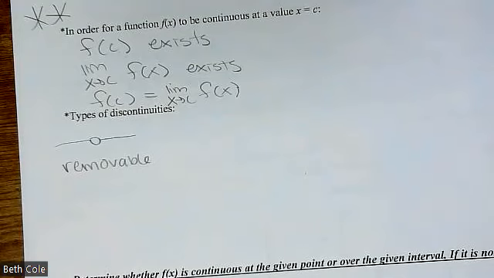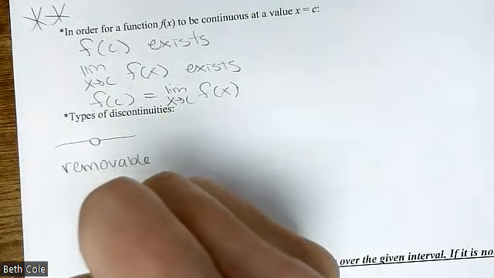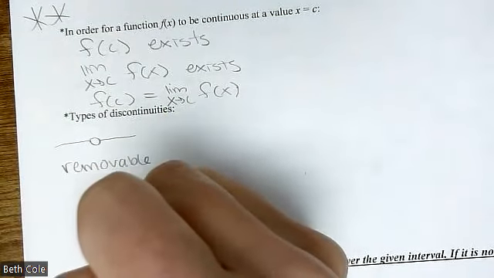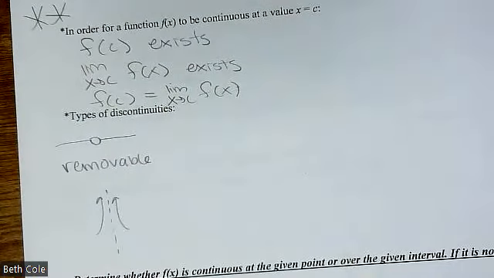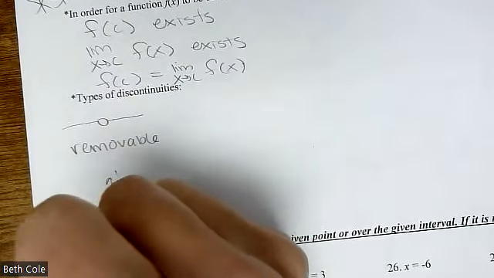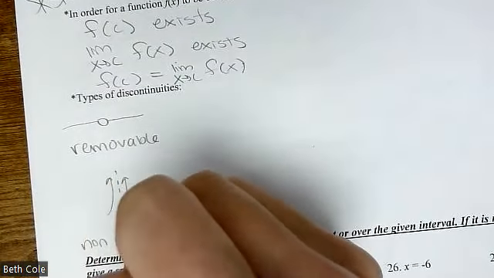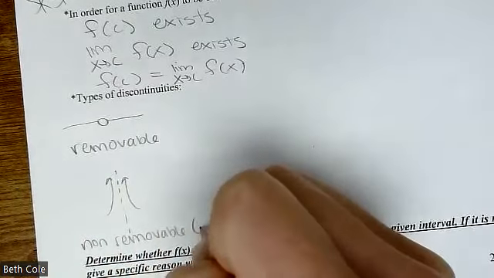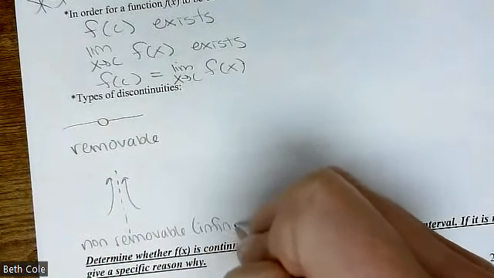What's the other way you could not have a point? Perfect. Okay, so if there's an asymptote, but that's like a more deep-seated problem. You couldn't fix it just by putting a point back in there. So that is non-removable. And specifically, it's called infinite.